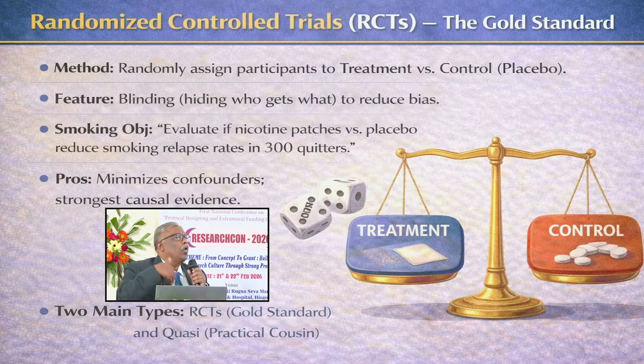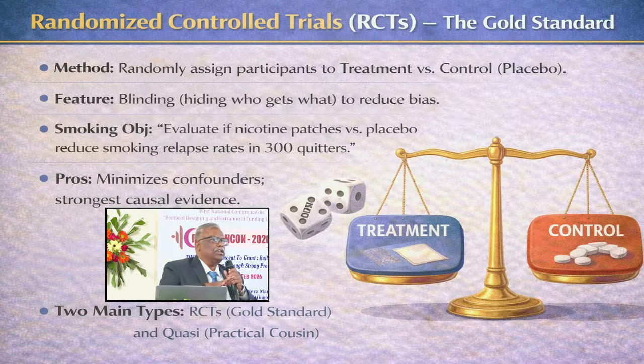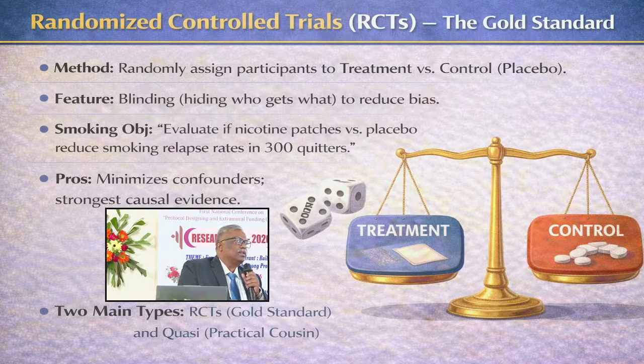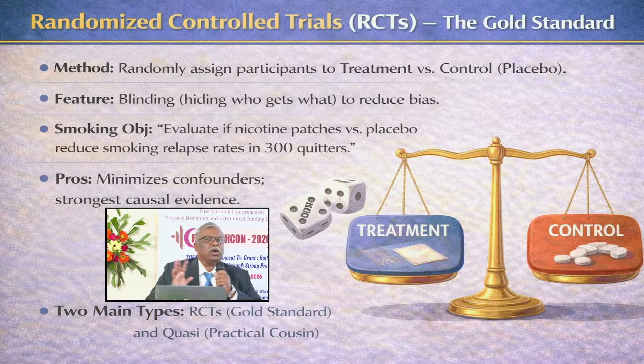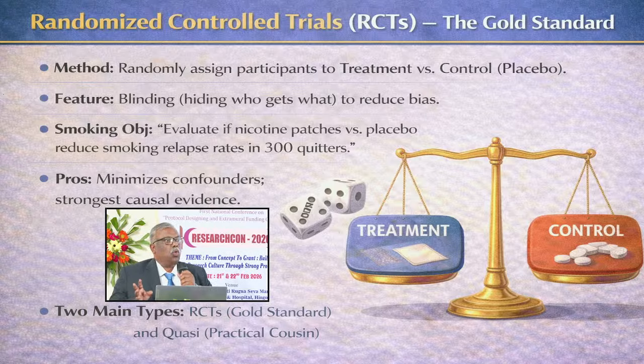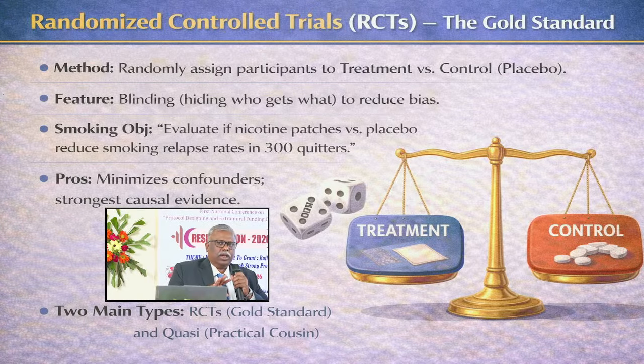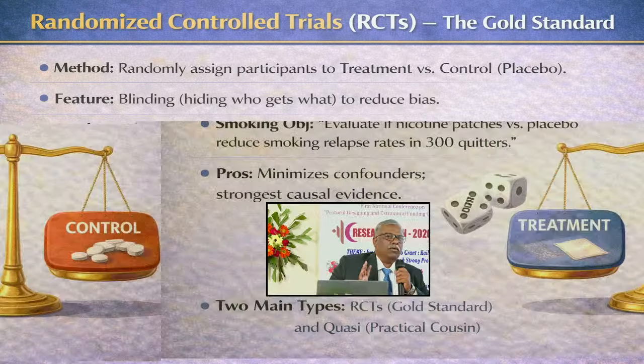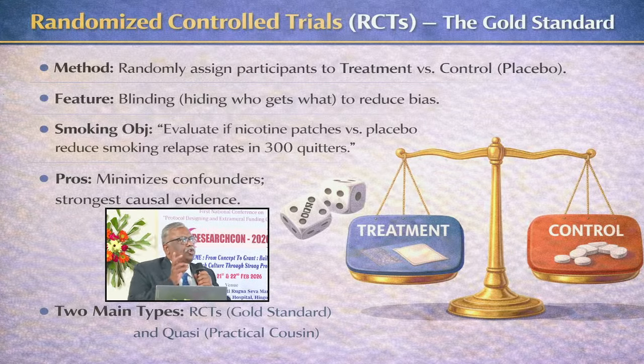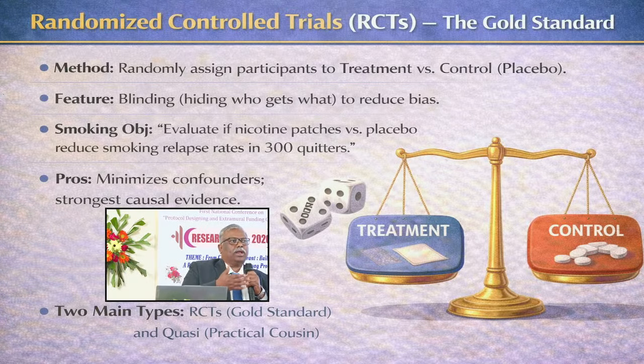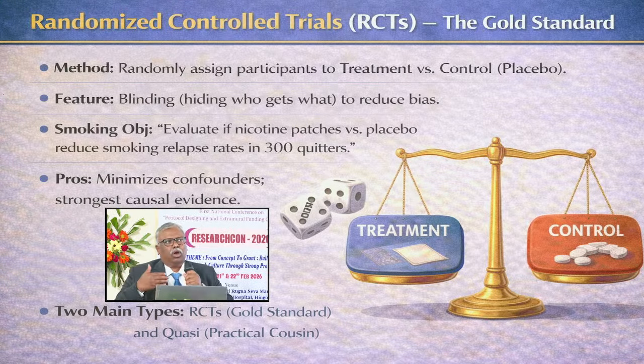Control means old treatment, because now placebo has an ethical concern, so placebo drugs are not given, right? So old treatment is given. That is recently updated, whatever the old treatment is, they are giving it for the control group.